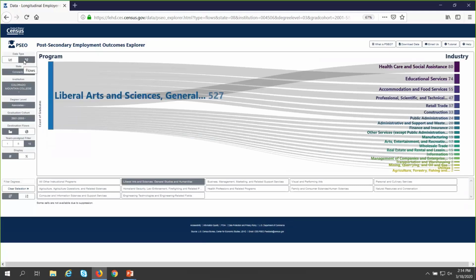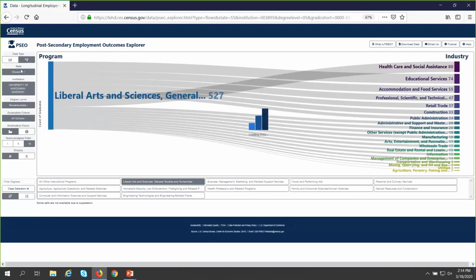So you have to choose which of the two tables you're going to look at. Then the next decision is which state you want to look at, which is the institutions in that state. If you're interested in institutions in Colorado, you can choose Colorado or any of the other states. For Michigan and Wisconsin, there's only one institution in them. It's the flagships.